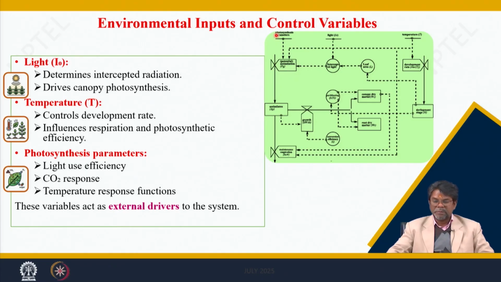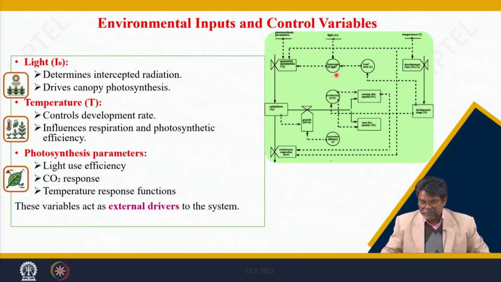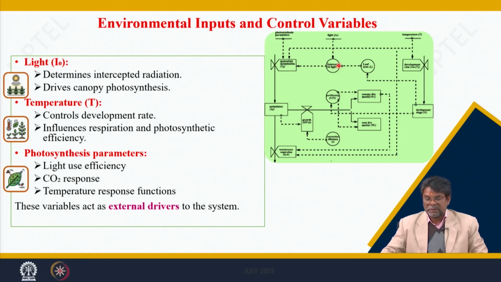Light interception depends upon the leaf area. As discussed earlier, the intercepted light radiation, or intercepted photosynthetically active radiation, PAR, is PAR into 1 minus e to the power minus k into LAI, the leaf area index. So, leaf area influences the intercepted light.